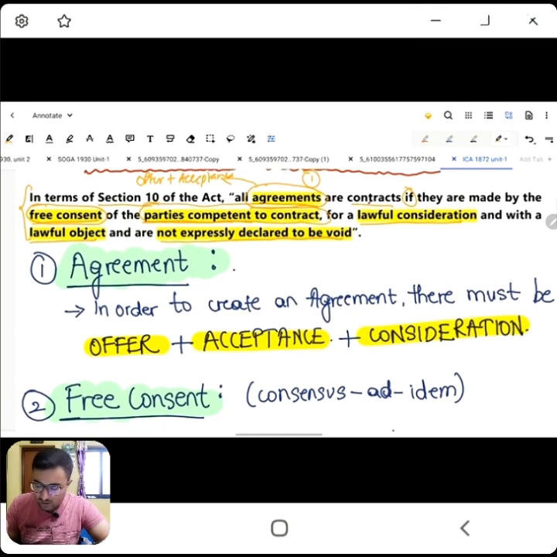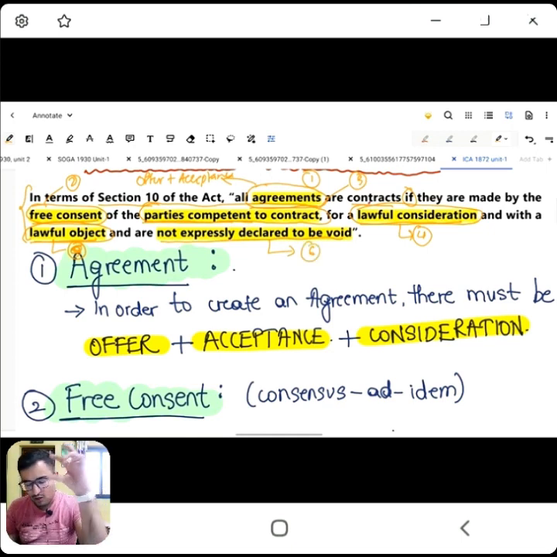Fourth and fifth, lawful consideration and lawful object. And sixth, it should not be declared as void. These are the conditions which we can derive from this small three line section.